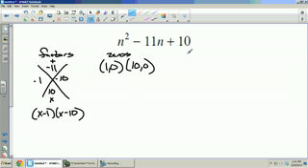Now for my axis of symmetry, and I'll abbreviate that as y, you have to remember this formula, negative b over 2a. Alright, so negative b over 2a. This is the B, and this is the A. The A is the number that goes here. The B is negative 11.